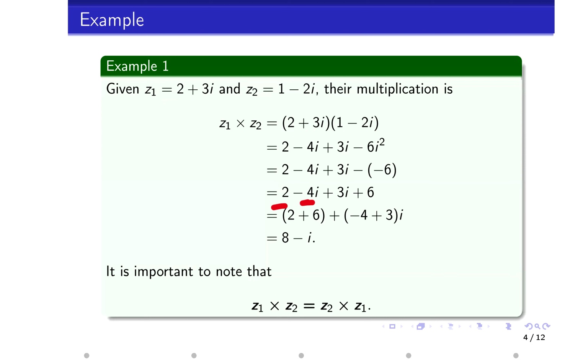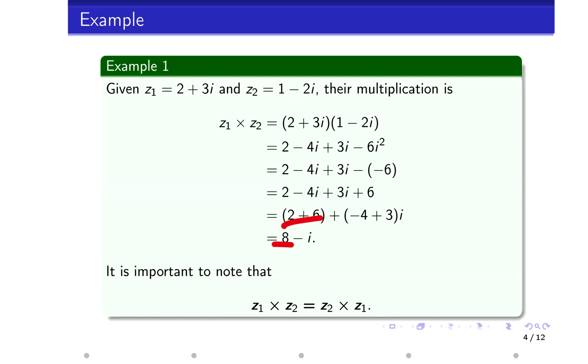Then we collect like terms, terms without the imaginary unit i: we have 2 plus 6, plus terms with the imaginary unit, minus 4 plus 3, into i. And then we tidy all that up. We have 2 plus 6, 8, minus 4 plus 3, that's minus 1i. So you can see that that's just it.